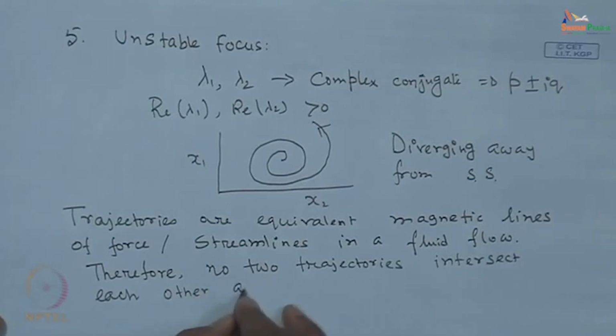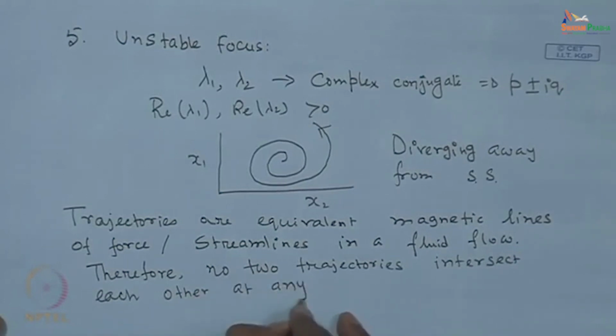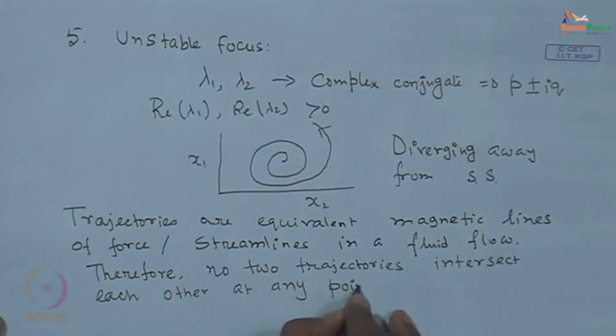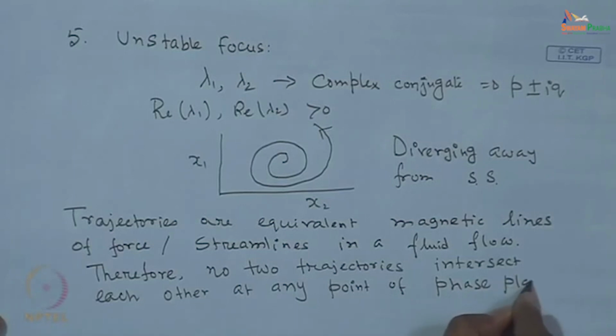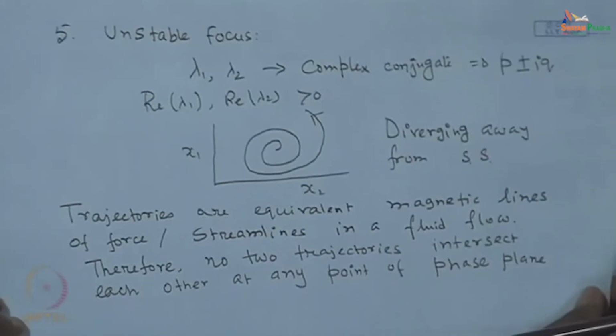That is a typical property of the trajectories in the phase plane plot.